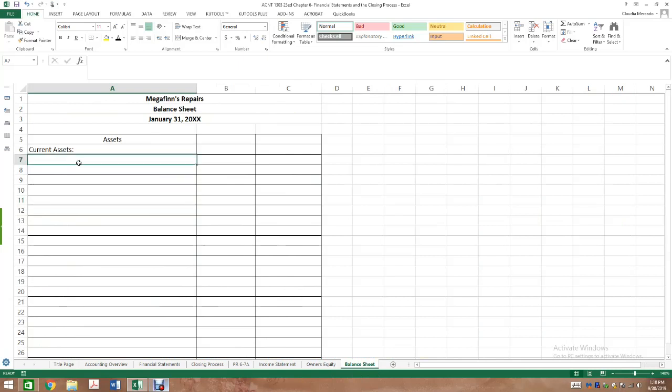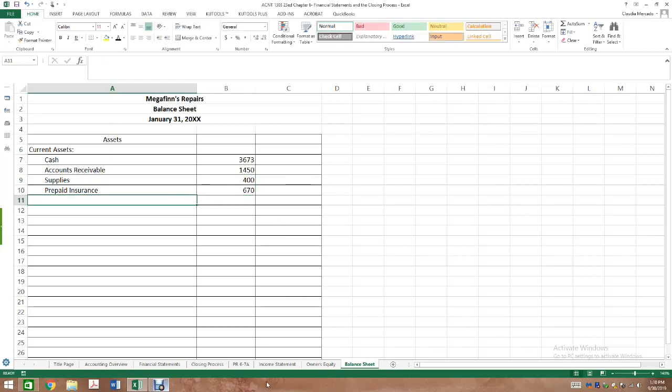Under my current assets, I'm going to have cash of $36.73, accounts receivable of $14.50, supplies of $400, and prepaid insurance of $6.70.